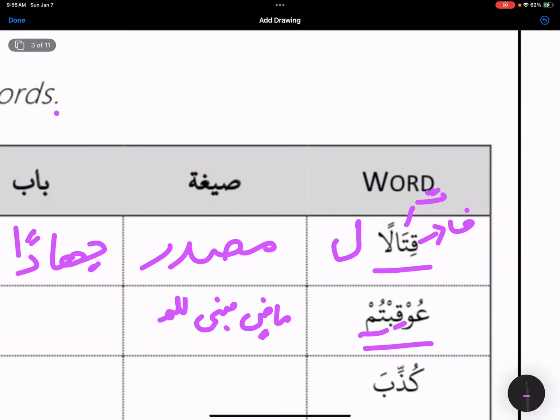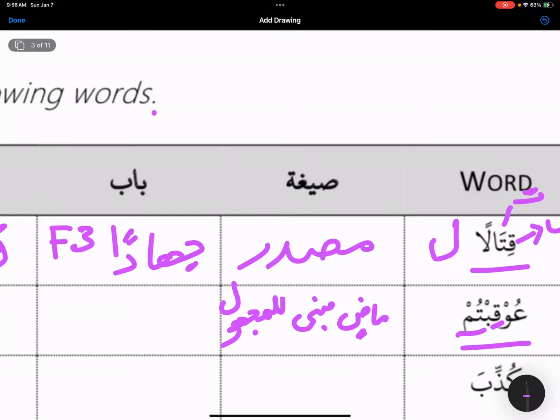Why Mabni? Because it is fixed. You know that fil mudari', when they have nasibatul harf or harf jazima, they can be nasab or jazam. But this is not the case with madi. That's why we are calling them mabni. Madi itself is mabni.